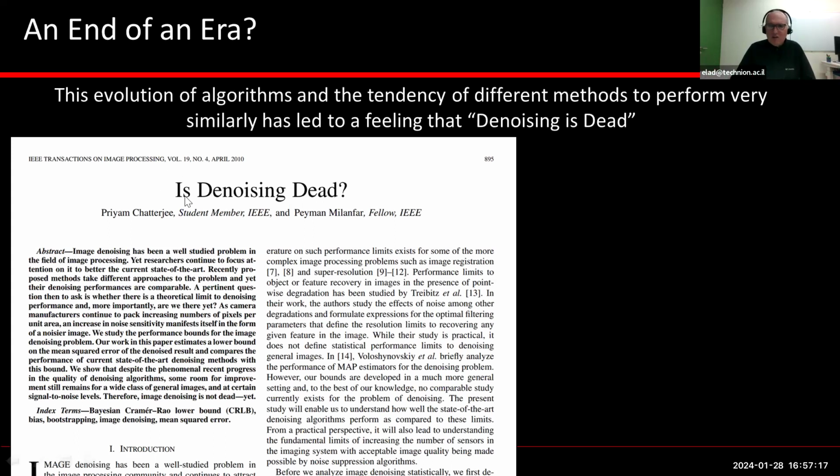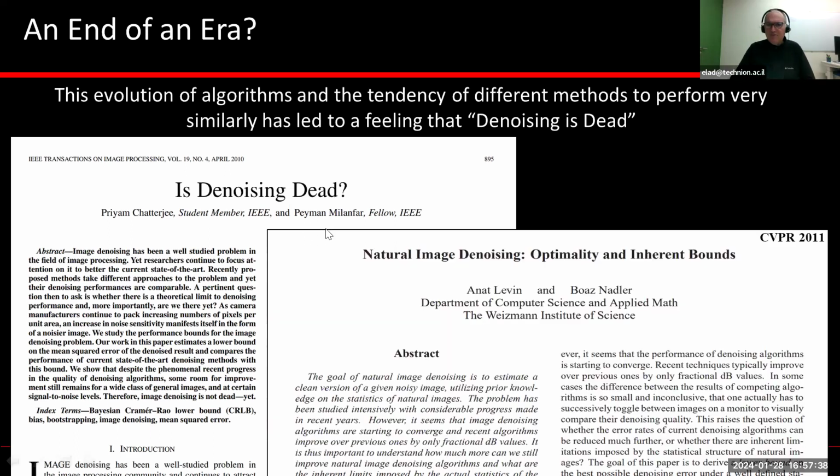And so this is a paper that was published by a friend of mine, Peyman Milanfar. Is denoising dead? Basically asks, are we touching the ceiling? And the way to answer is to derive a bound on the best performing denoiser to show that we are close or not. In fact, what he showed is that there is still a gap, but he doesn't know how to close it. A similar paper of a different flavor is the paper by Annealed Langevin.